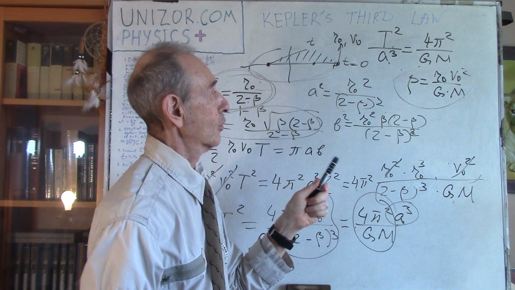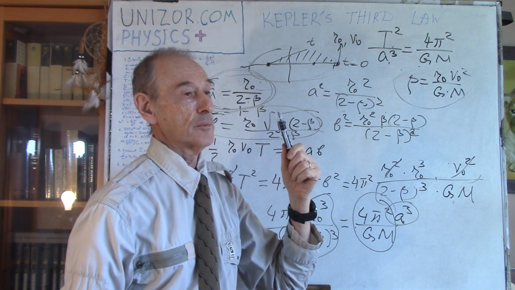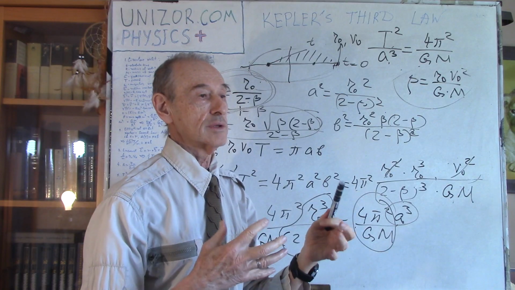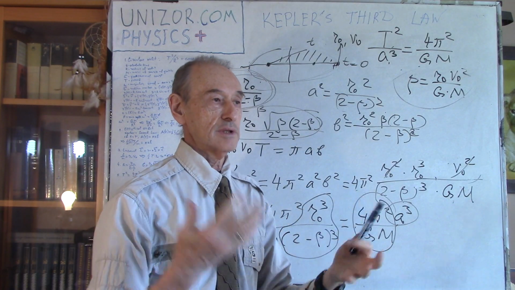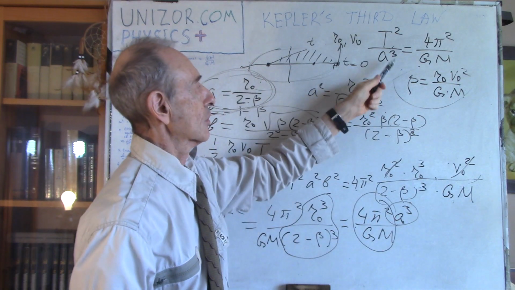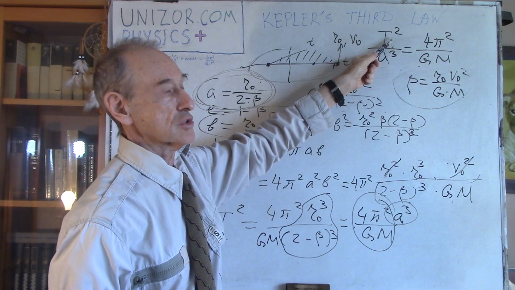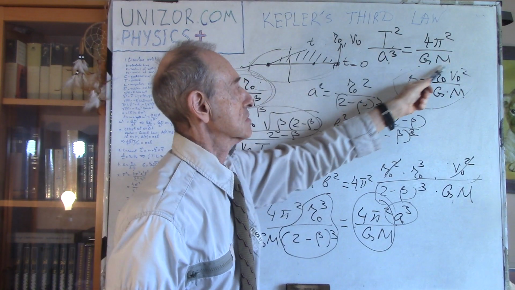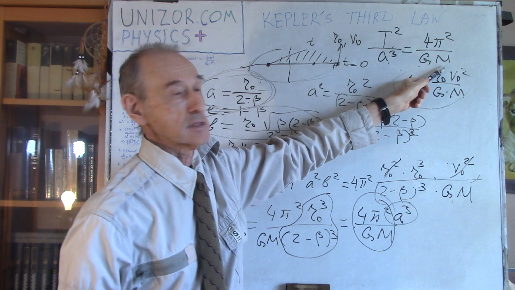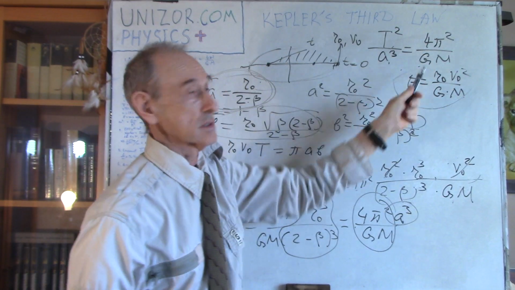And again, what's important is that there is absolutely no dependency on the fact that these are different planets. All planets have their own semi-major axis and period of rotation. For all planets, this ratio will be the same, because this is the mass of the Sun, which is constant for all planets, and these are constants.